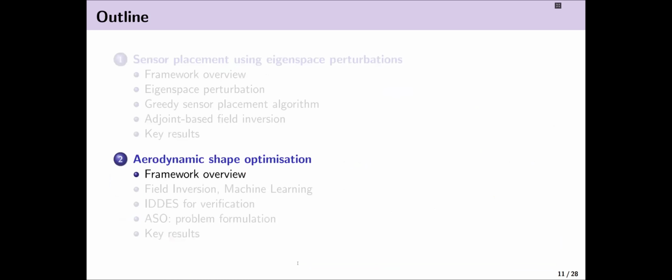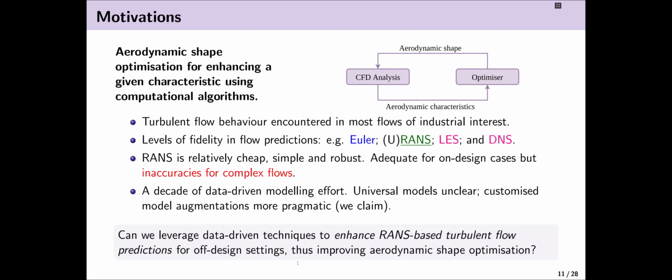Okay, so now going to the second part, talking about aerodynamic shape optimization. The motivation here is that we want to use RANS models to perform aerodynamic shape optimization. And the basic reason for that is that we can't really afford LES or DNS because in an aerodynamic shape optimization problem, we need to run a number of CFD simulations.